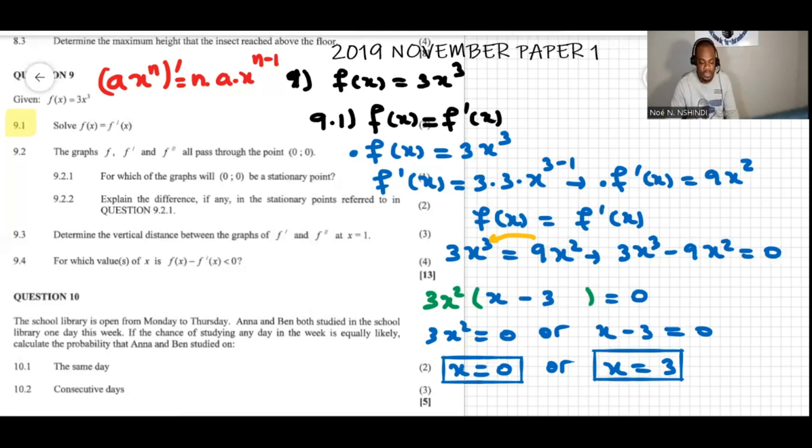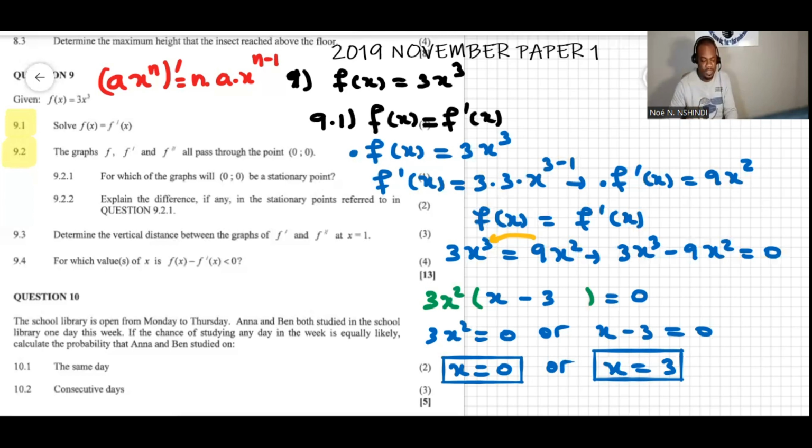Okay, and now the following question is question 9.2. The question says that the graphs of f prime and f second all pass through the point (0, 0). Now 9.2.1 says: for which of the graphs will the point (0, 0) be a stationary point?